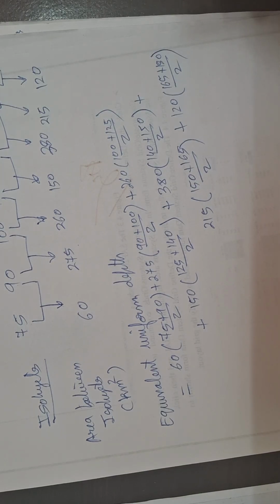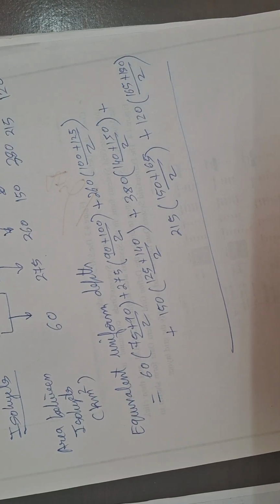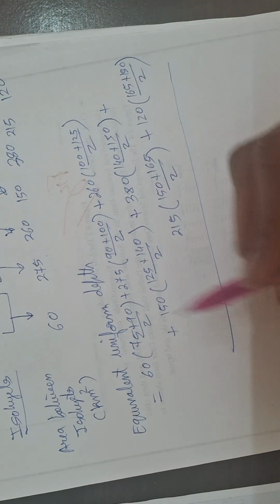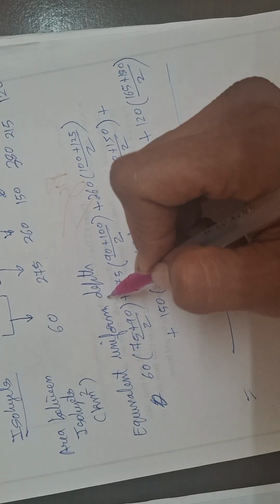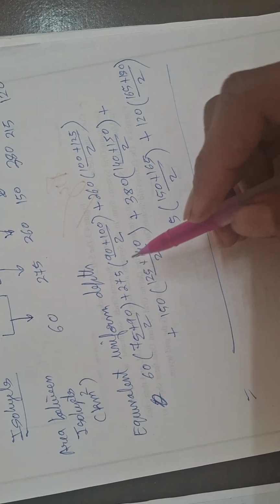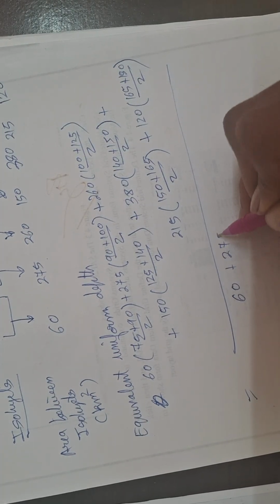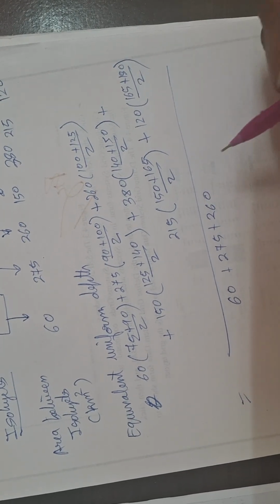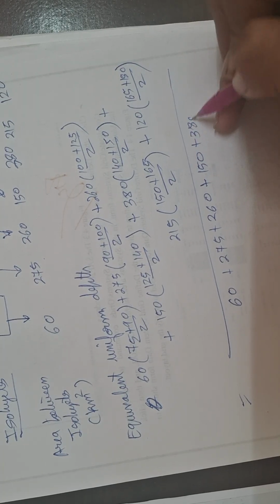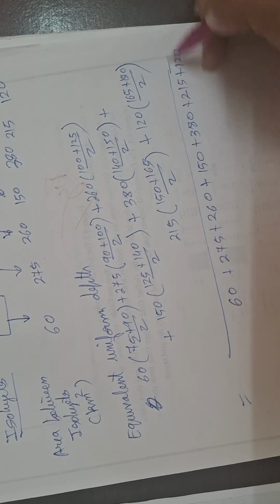Then divide this whole thing by the total area. Total area is the sum of all these. So to get the equivalent uniform depth, we have to divide this total by the total area: 60 plus 275 plus 260 plus 150 plus 380 plus 215 plus 120.